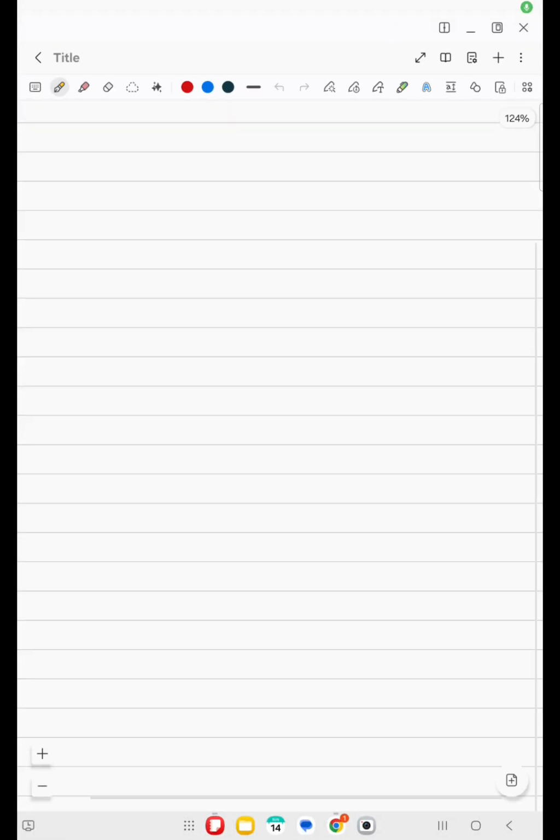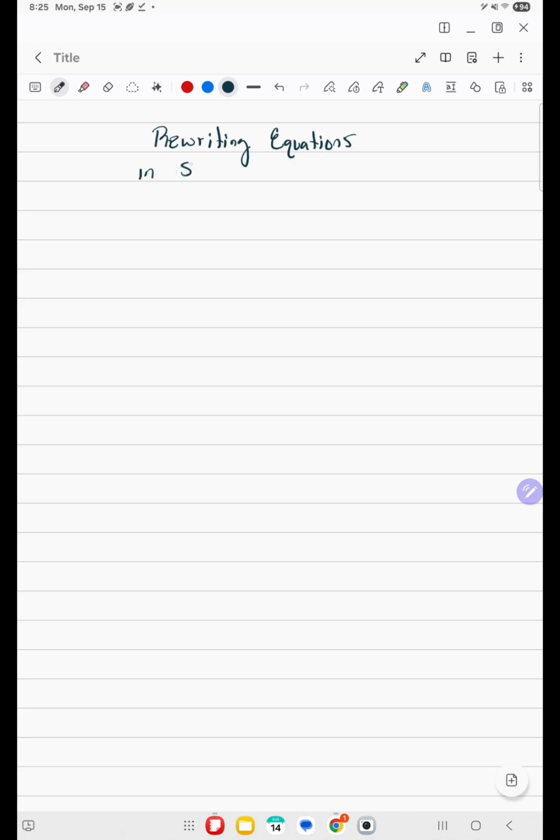If you're seeing this, that means you may need a little help still working on isolating a variable, kind of like we did in Unit 1. So we're going to title this Rewriting Equations in Slope Intercept form.